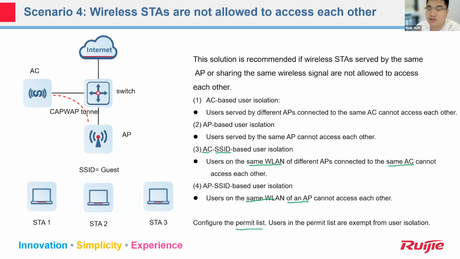We can add some of the STAs to this permit list, and the users in this permit list are not isolated. They can access each other, or access other devices. Okay, this is about user isolation, which can be used to improve the security of the network.